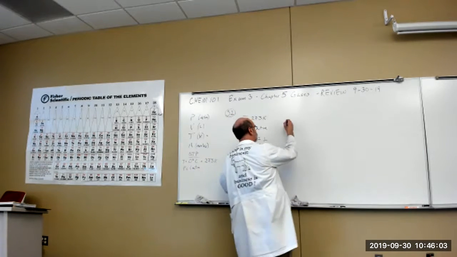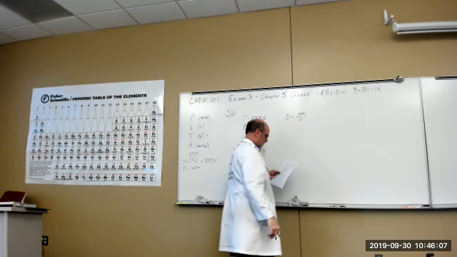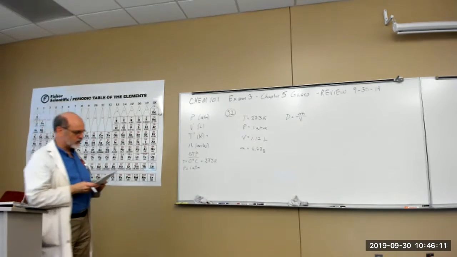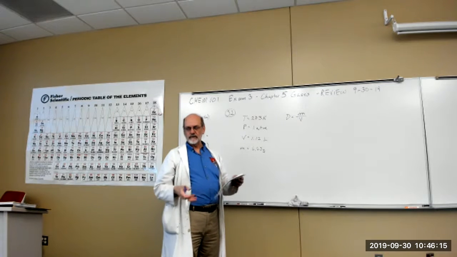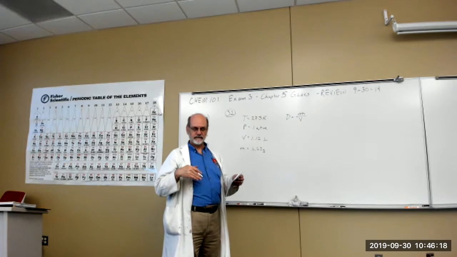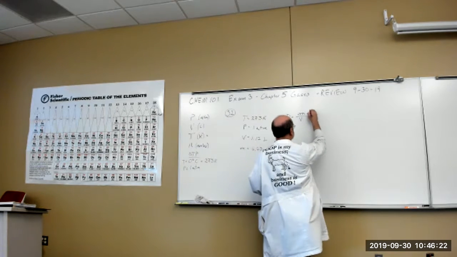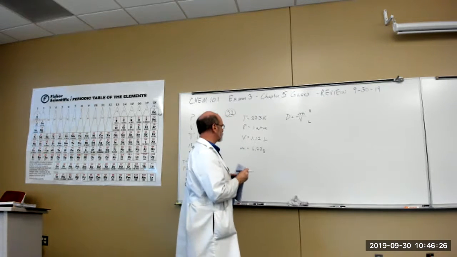So go to your definition. Density is mass per unit volume. And then it's a good idea to look at the answers to see, all right, what are the units that they're looking for? They're looking for grams and liters. Right? So this is going to be in grams, this is going to be in liters. So do we have the information we need?